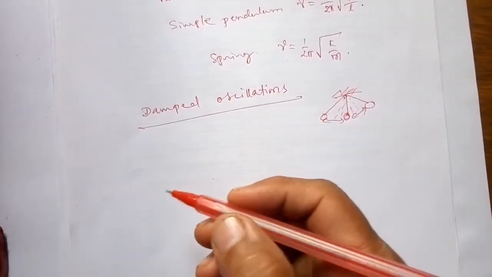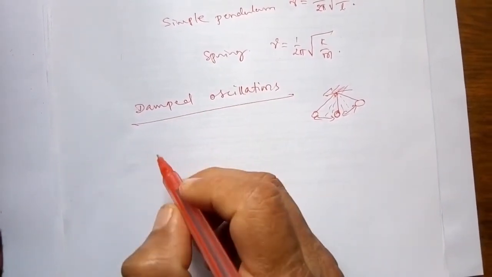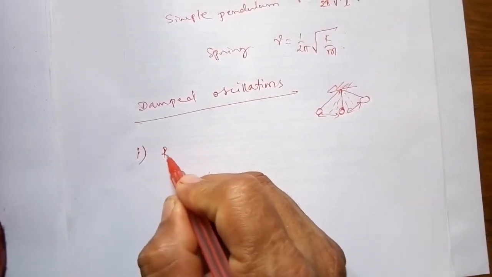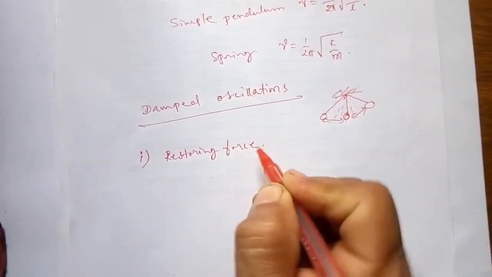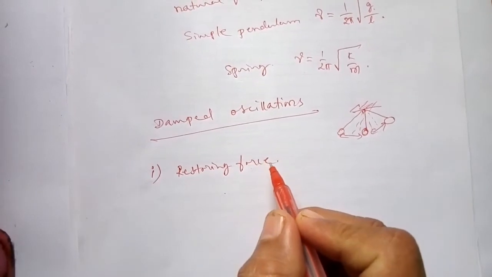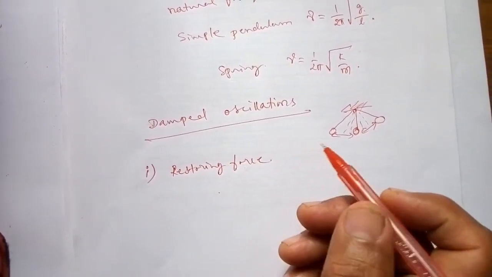In a damped system, the system is subjected to two forces. The first one is the restoring force, which is proportional to displacement but oppositely directed to the displacement.